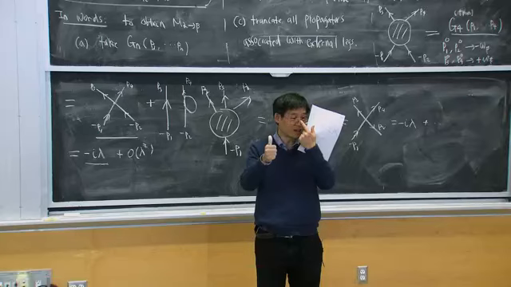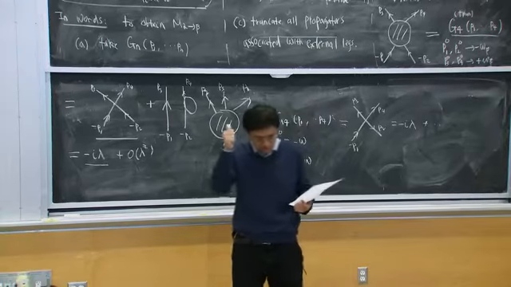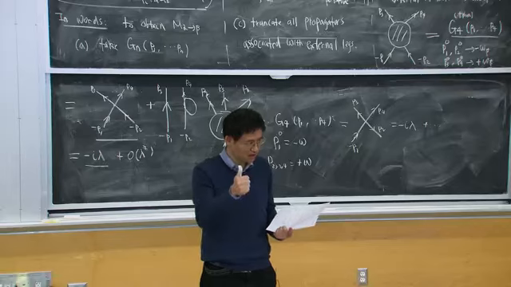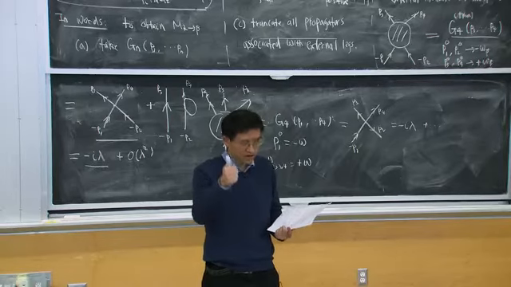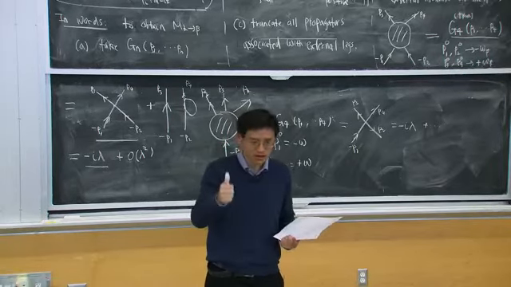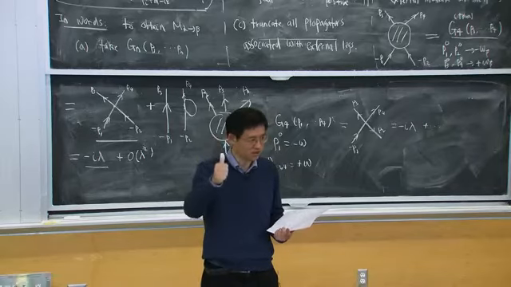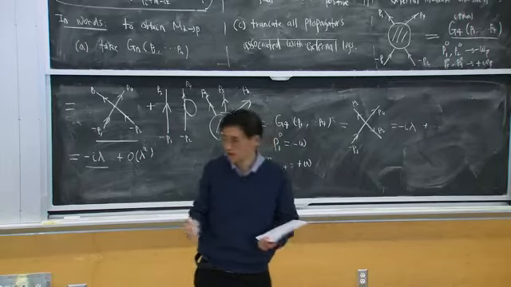In the next lecture we'll talk about how to introduce fermions, and after that how to introduce photons, and then we can talk about QED, how photons interact with electrons, etc. Okay, good.